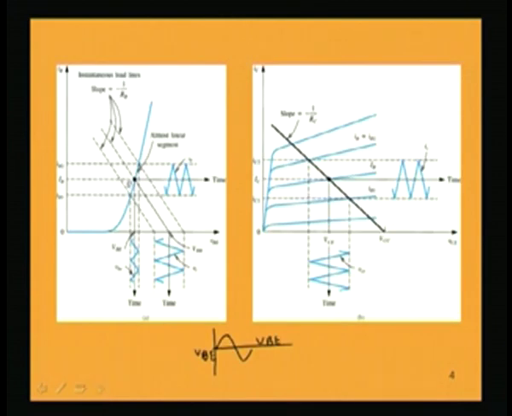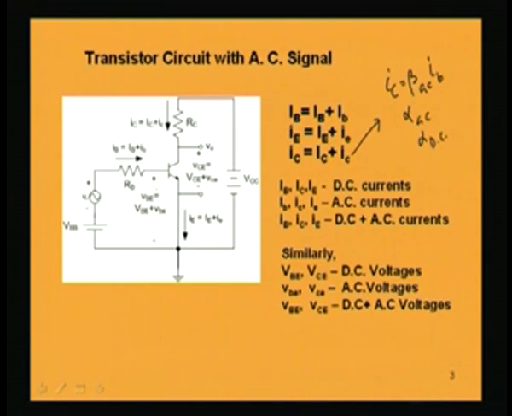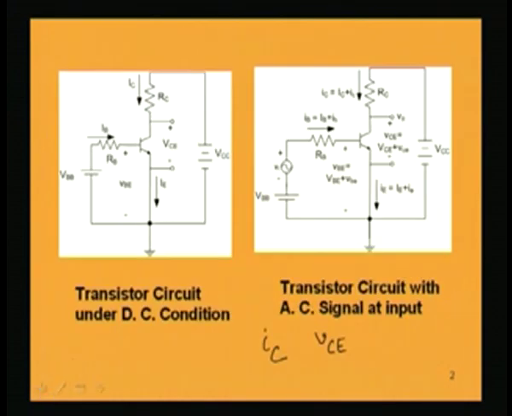So, the DC load line, without application of the input signal, will be like this. Here VBB is the maximum value of the voltage available across the base to emitter junction, and that happens when IB is 0. The maximum value of IB occurs when the base to emitter voltage is 0.